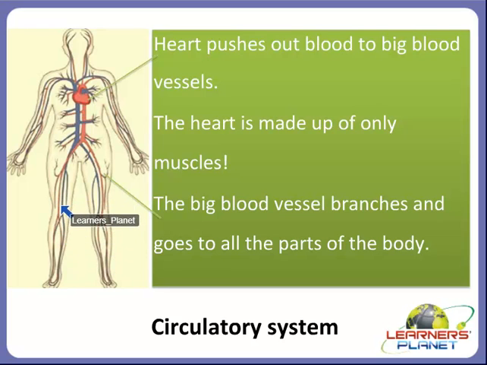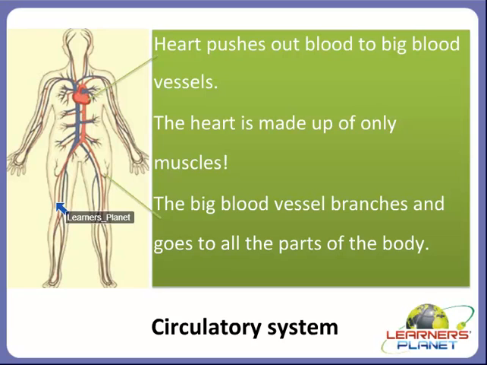And then what is the function of blood vessels? These big blood vessels branch and go to all the parts of the body. They travel to all the parts of the body. So are you clear with this?